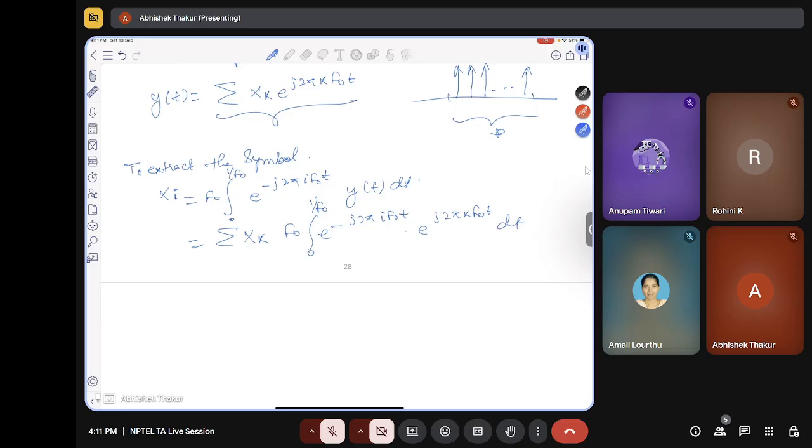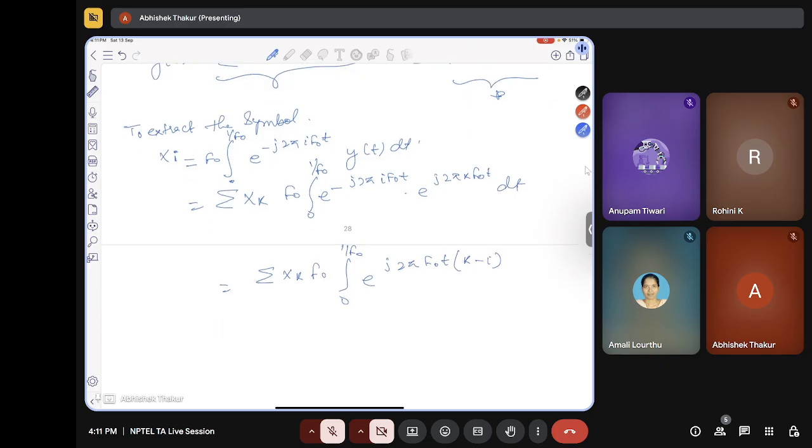Here the term will come as e to the power of j 2 pi f naught t, which we can take common, so we will get k minus i. If k is equal to i, then this term will be 1.